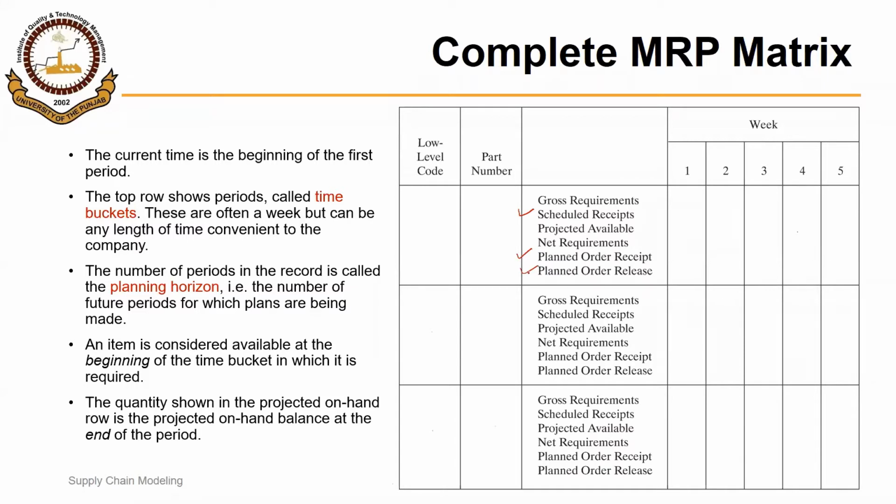So that quantity is considered available at the beginning of the time. The quantity shown in the projected on hand row is the projected on hand at the end of the period. So this quantity is at the end of the period.